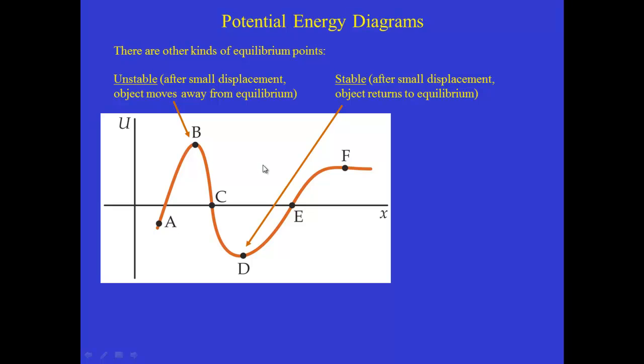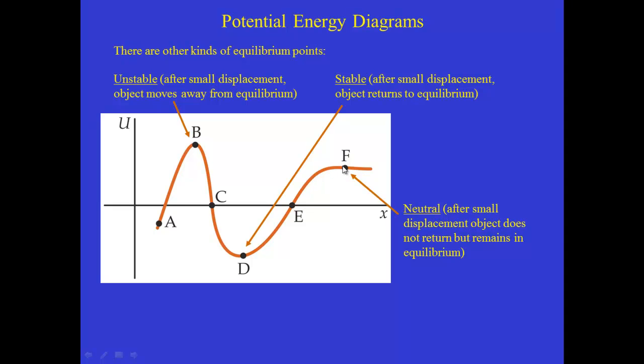And there's one more point that we'll mention here, and that's called a neutral equilibrium point. At point F, assuming that this potential energy curve flattens out, when it gets to this plateau at point F, the force, of course, is 0. And if we move it a little bit to the left or to the right, as long as it doesn't go too far to the left, then there's still no net force on it.